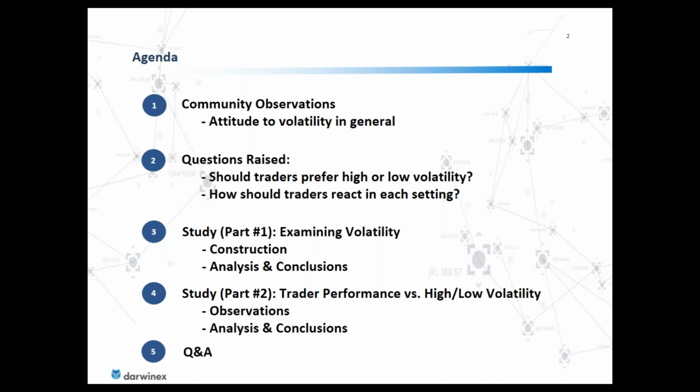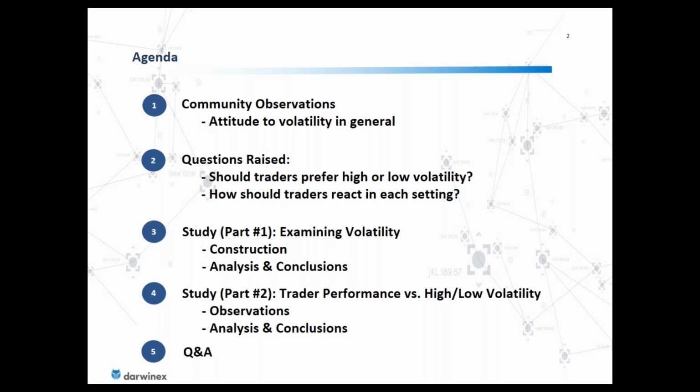Based on those observations, we'll talk about some questions that are naturally raised as a result of analyzing those behaviors, and those include: should traders prefer high or low volatility? Depending on each situation, high or low volatility, how should they react in each of those settings?